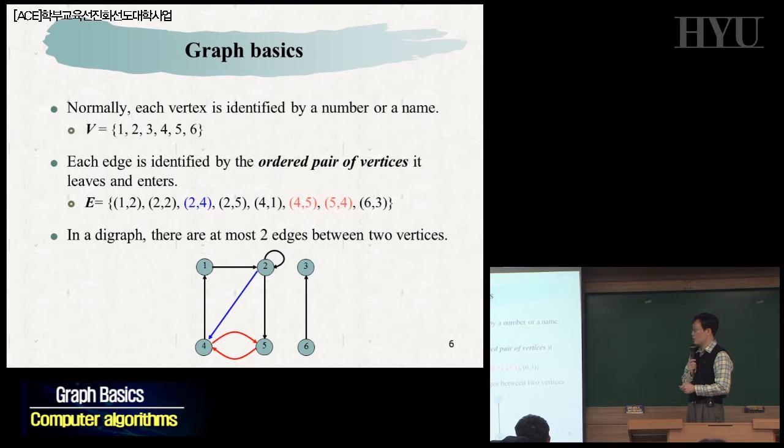Then each edge is identified by an ordered pair of vertices. In this case, there are 8 edges. This blue edge is represented by the pair 2, 4. This edge is represented by 4, 5, and this edge by 5, 4. In a digraph, there are at most 2 edges between two vertices.